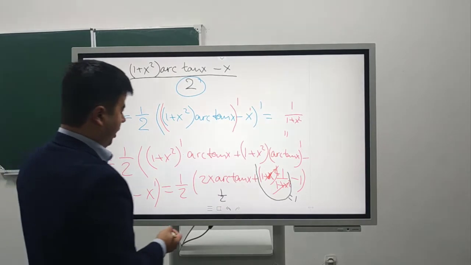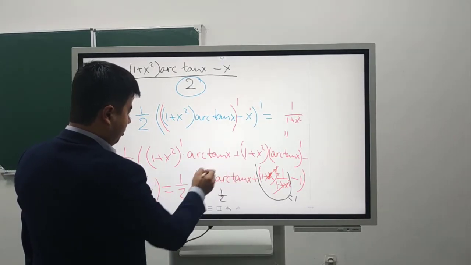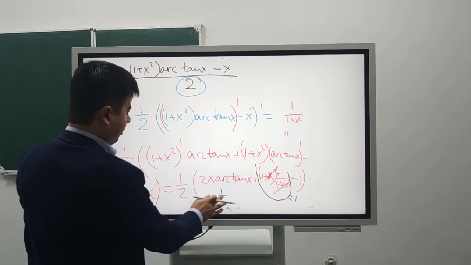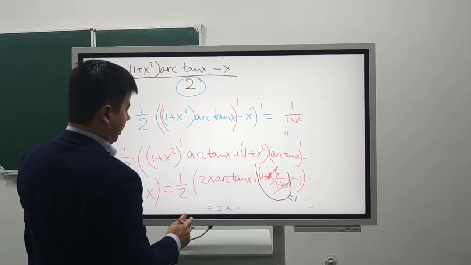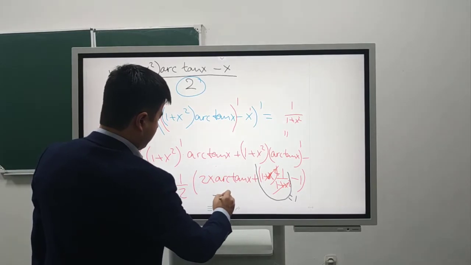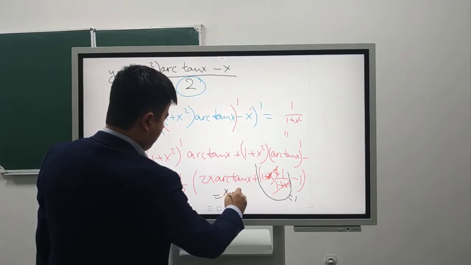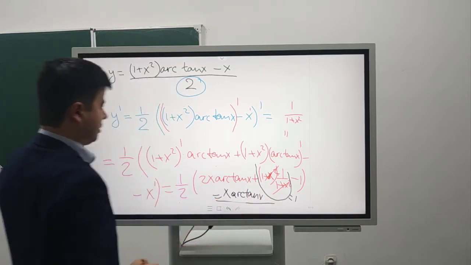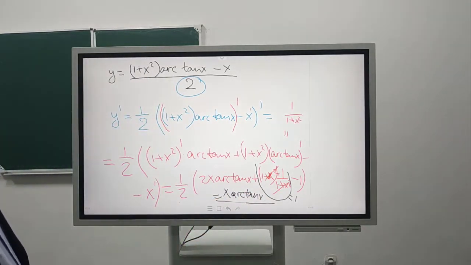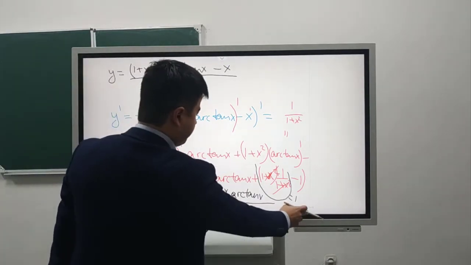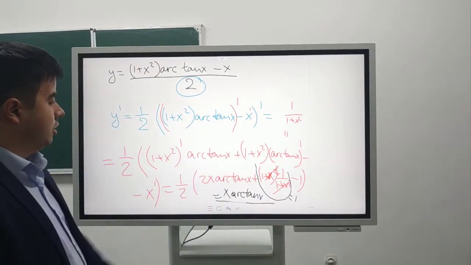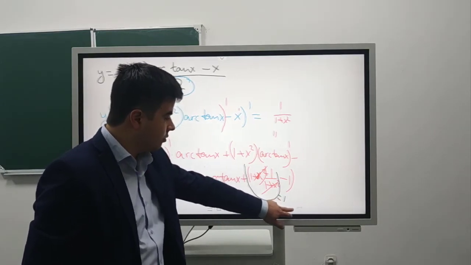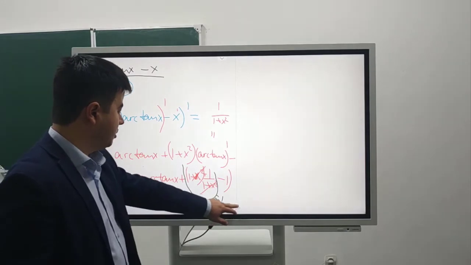So we have just this one times this one. So 2 and 2 are cancelled, and we get just x times arc tangent x. This is the answer. Okay, I think it's clear. Now let's continue our examples.